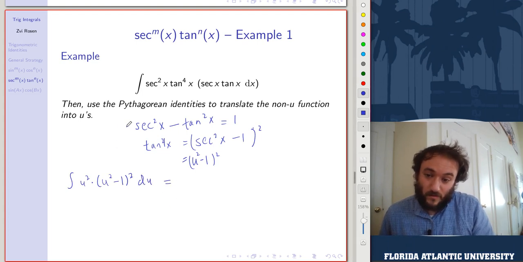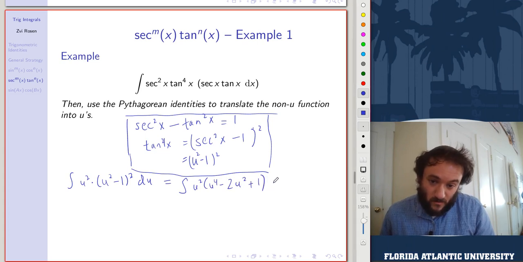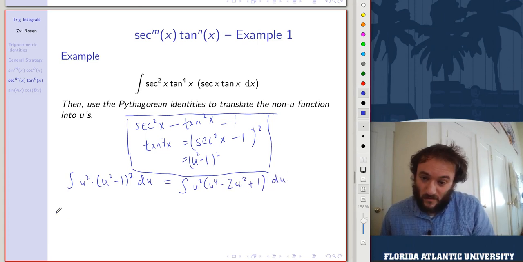This is equal to, and I'm going to box this off here, the integral of u squared times u to the fourth minus 2u squared plus 1 du, which is equal to u to the sixth minus 2u to the fourth plus u squared du.